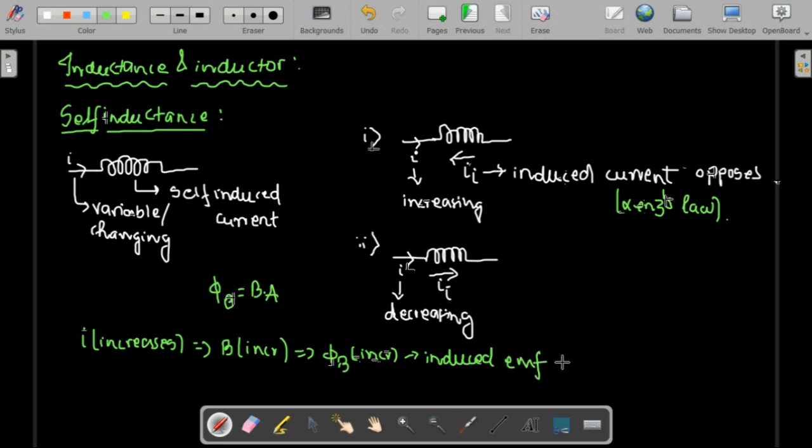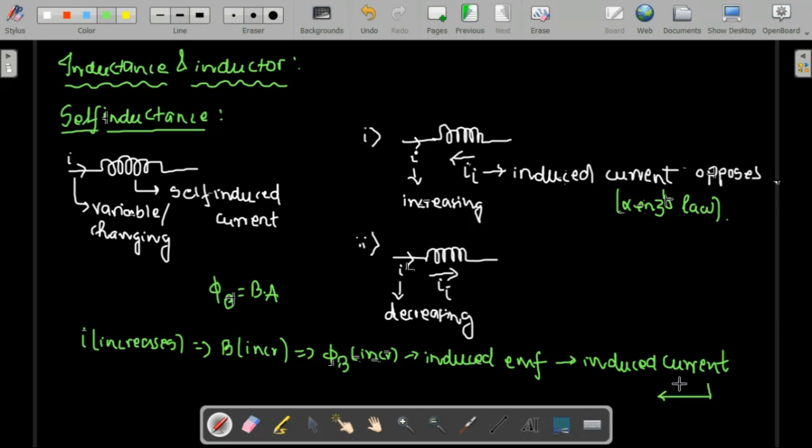This is the entire story here. And because of that induced EMF, you are going to get an induced current. That is very important when we study this.